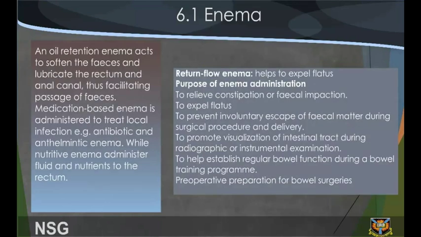An oil retention enema acts to soften the feces and lubricate the rectum and anal canal, thus facilitating passage of feces. Medication-based enema is administered to treat local infection, that is antibiotic and anthelmintic enema, while nutritive enema administers fluid and nutrients to the rectum. Return flow enema helps to expel flatulence.